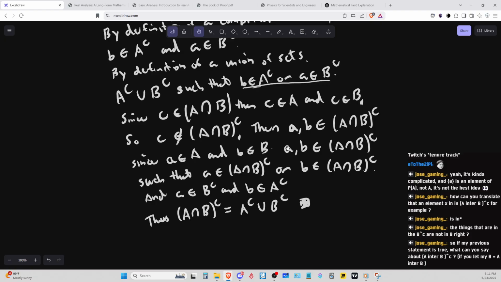I feel like the structure is, let's see, then A and B are elements of, no. Since A is an element of A and B is an element of B, A and B are elements of the complement of A intersection B, such that A or B is an element, and A and B, thus.